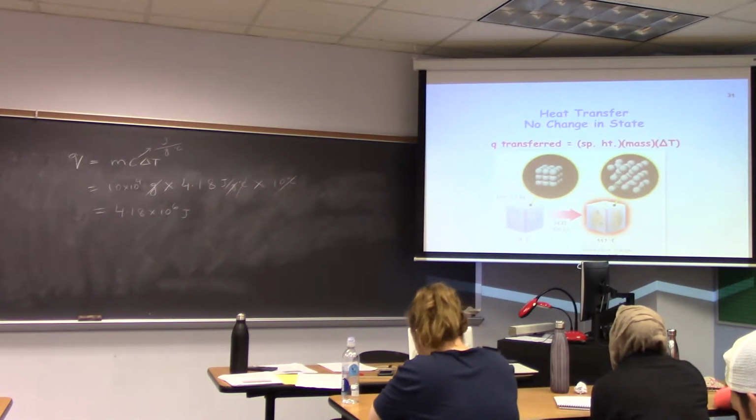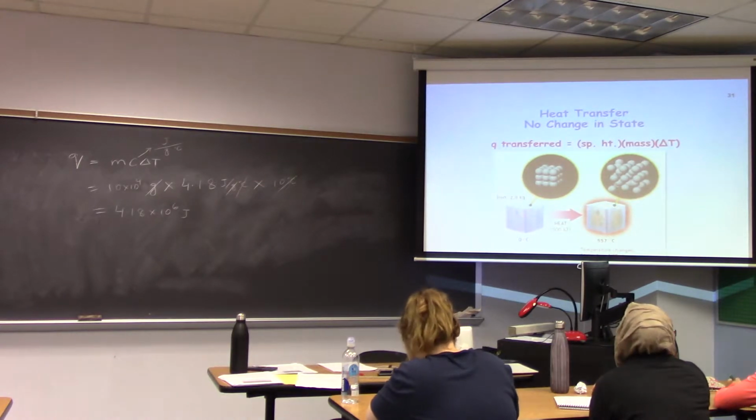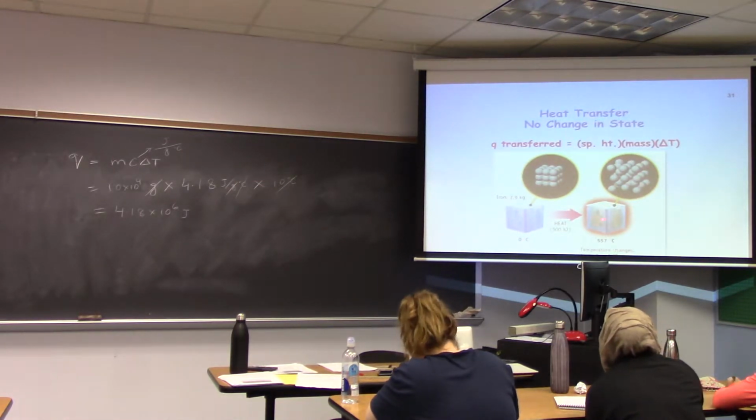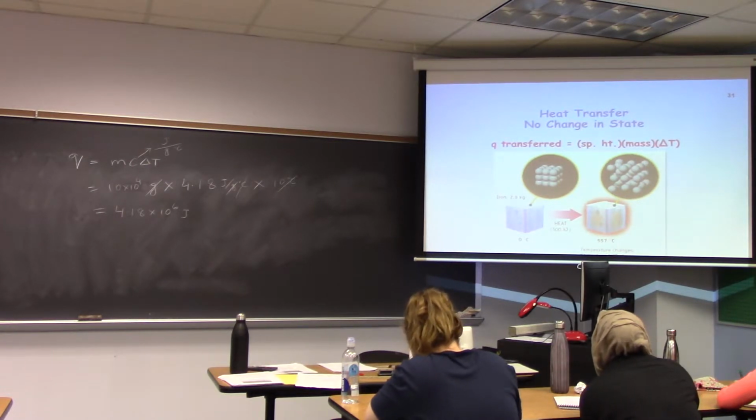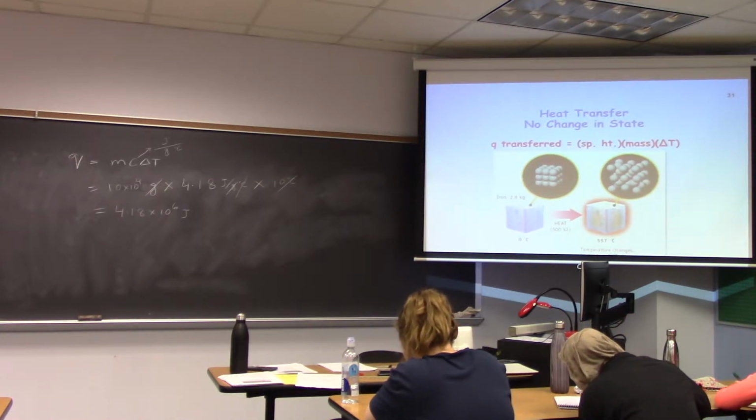The question is, 2 kilograms of iron you're heating and raising the temperature from 0 degrees to 557 degrees centigrade. What is the enthalpy, or how much heat do you need, or how much heat is produced? The question could be either way, right?